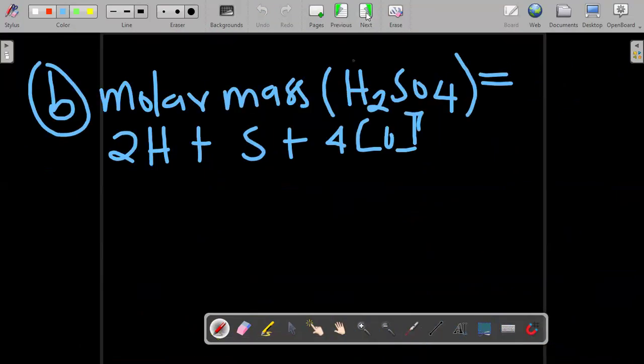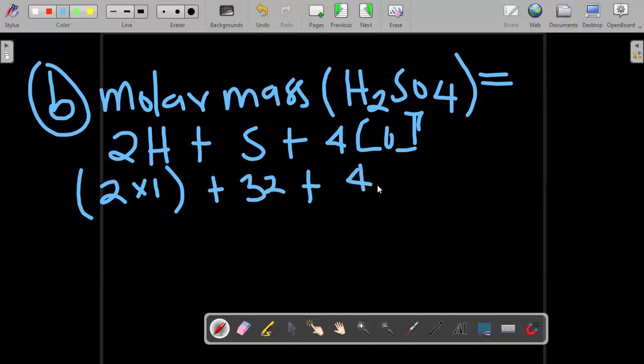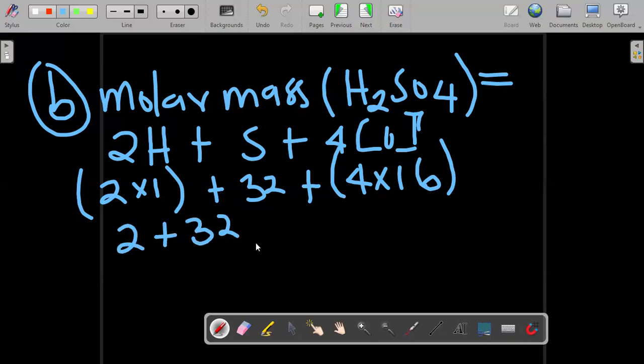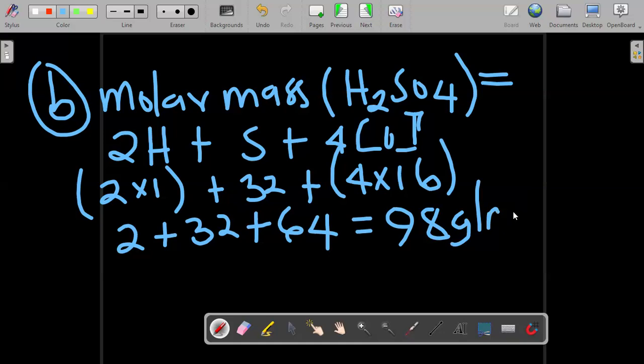That gives 2 times 1, plus 32, plus 4 times 16. So 2 plus 32 plus 64 gives us 98 grams per mole.